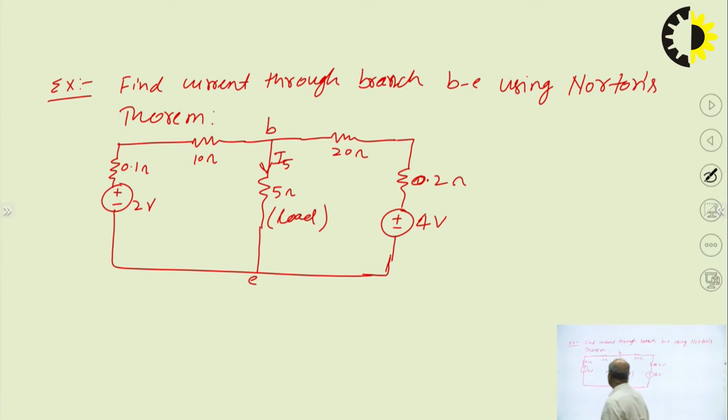So we have to apply Norton's theorem here, and we know that we can apply Norton's theorem in two steps. The first step is to calculate the value of IN, and the second step is to calculate the value of equivalent resistance. So now we will apply Norton's theorem.